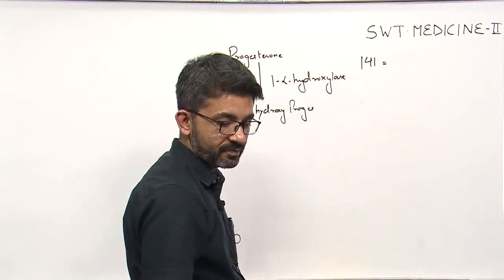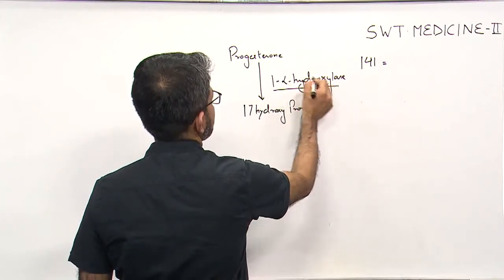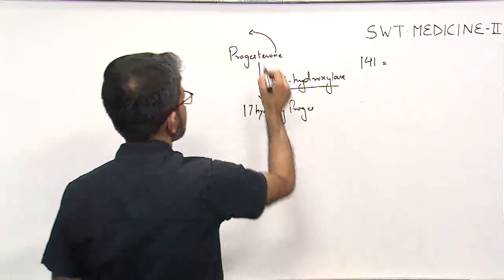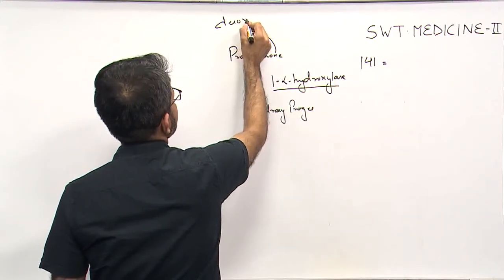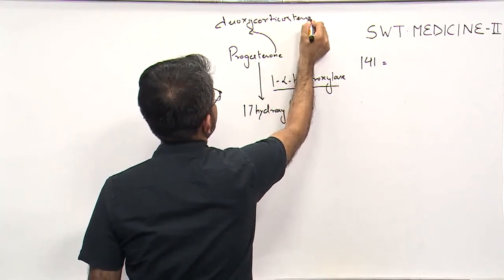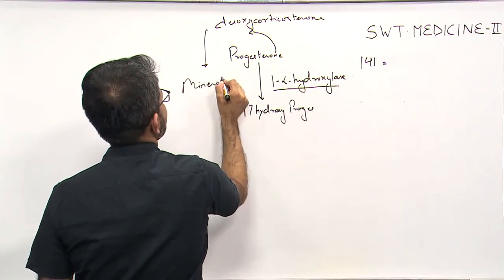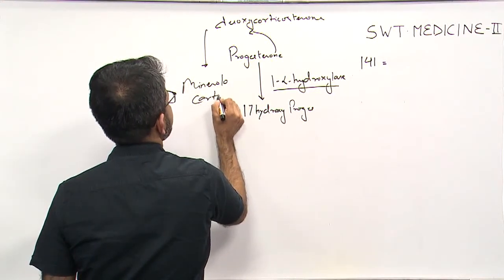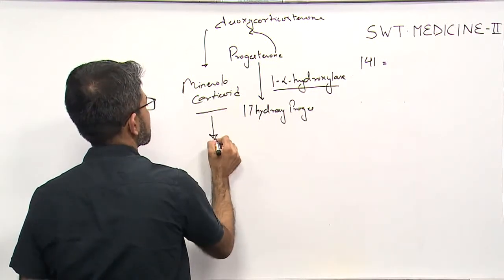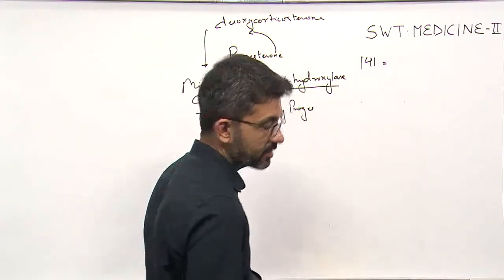All right. See, if it is absent, this progesterone will be converted into desoxycorticosterone, which is a type of mineralocorticoid. All right. So, it causes hypertension. So, answer is A.